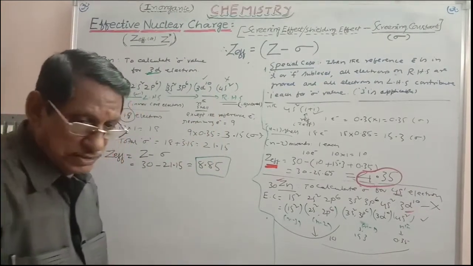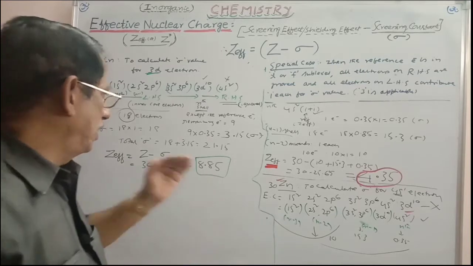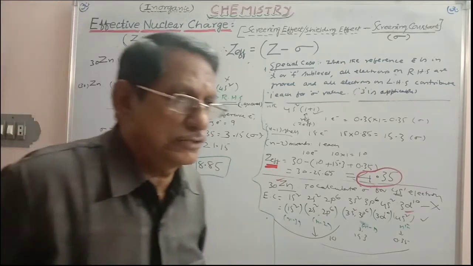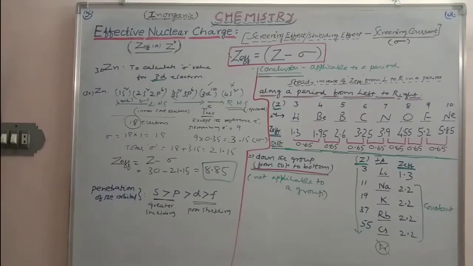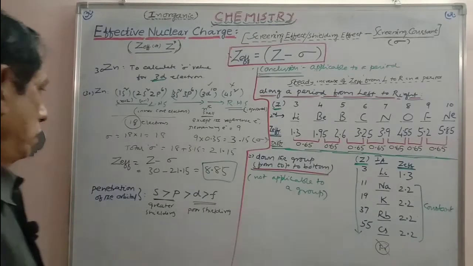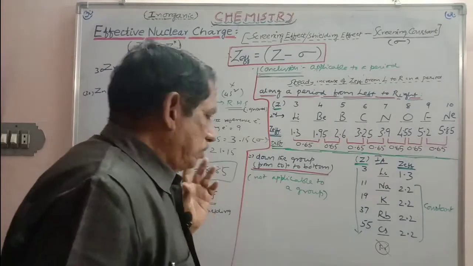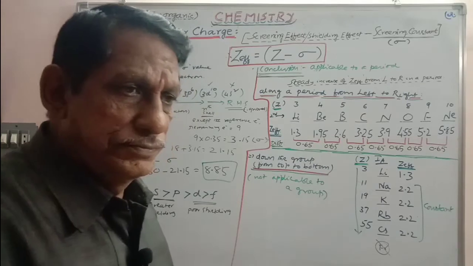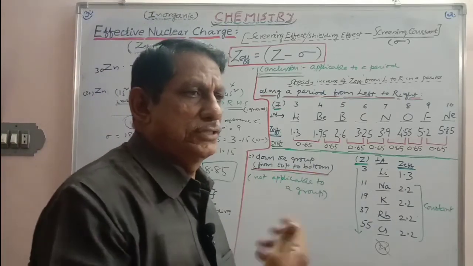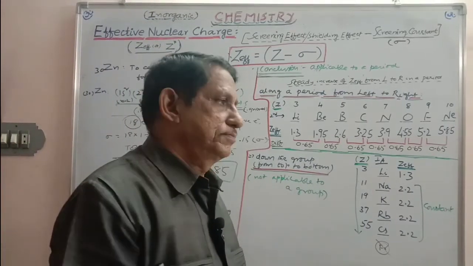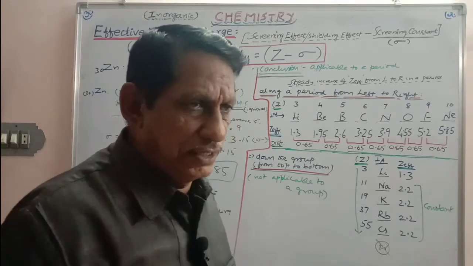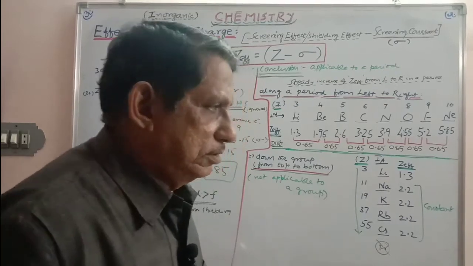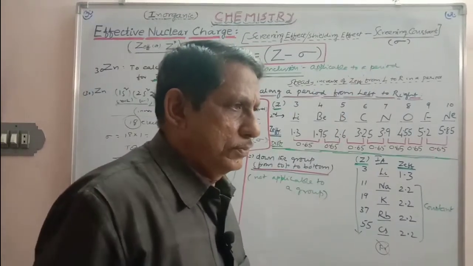In this way you have to calculate the sigma values, and then you have to calculate the Z effective. Based on that you can explain the properties. Okay. We are now able to calculate the Z effective for any element, any atom, and any electron in its orbit, first orbit, second orbit, third orbit, any orbit, any electron, based on Slater's rules.